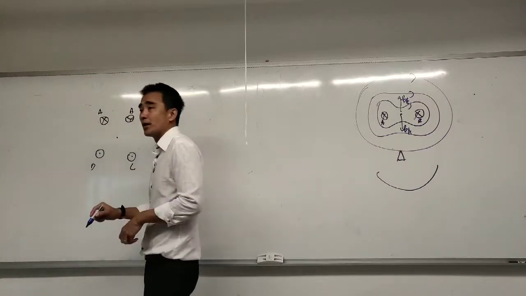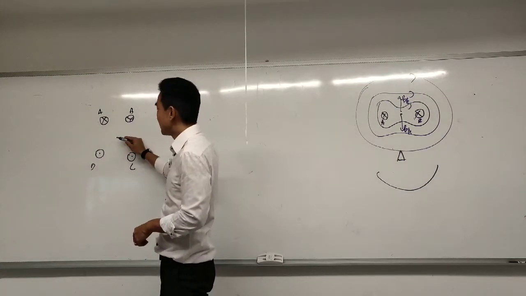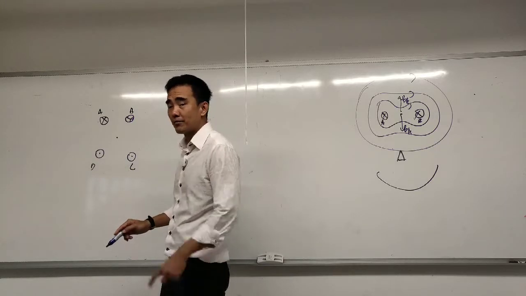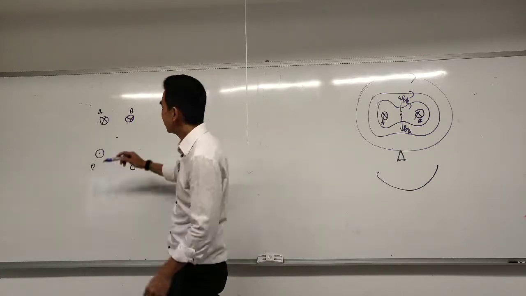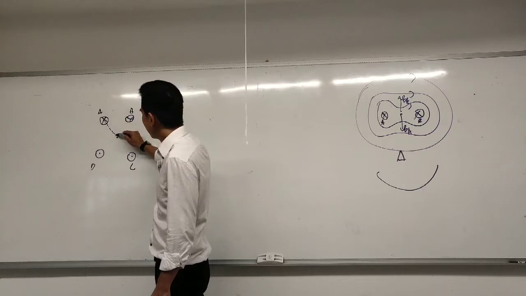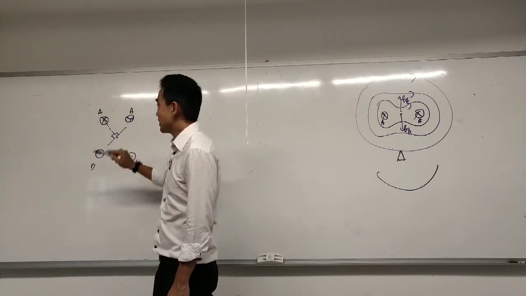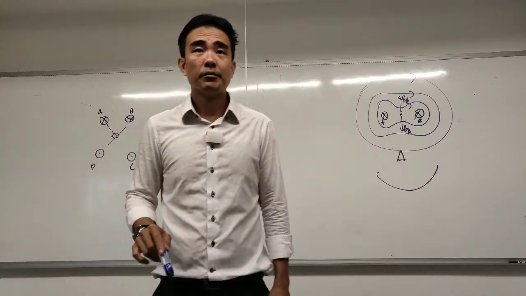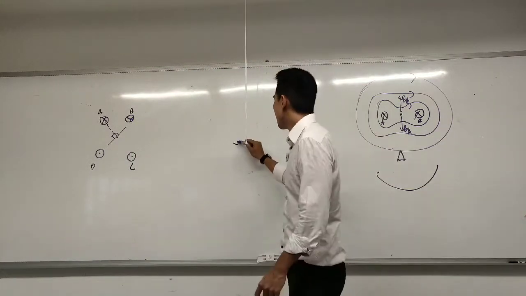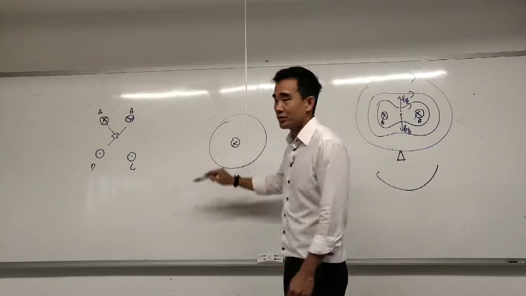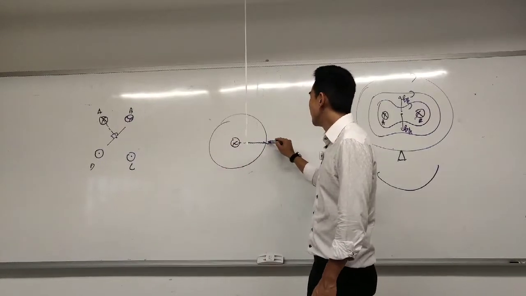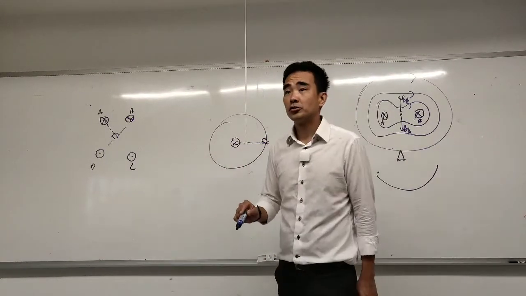The field due to A at this point over here, how do you know the direction? Very simple. If you can see it, it's good for you. But if you can't, this is one way to help you. Draw a dotted line over here to the point. The field will definitely have to be perpendicular to that dotted line. Agree? Because if the current is here and the field is always a circle, if you draw any line to any dot over here, it will be perpendicular to the direction of the field.